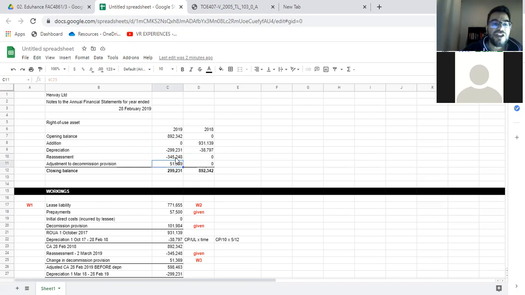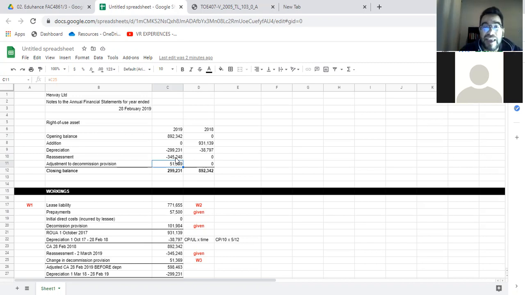Then we also had an adjustment to the decommission provision. We estimated the decommission provision to be 250. But when the information came that we're going to have to incur the cost in 2 years' time, the new estimate was no longer 250, it was 200.